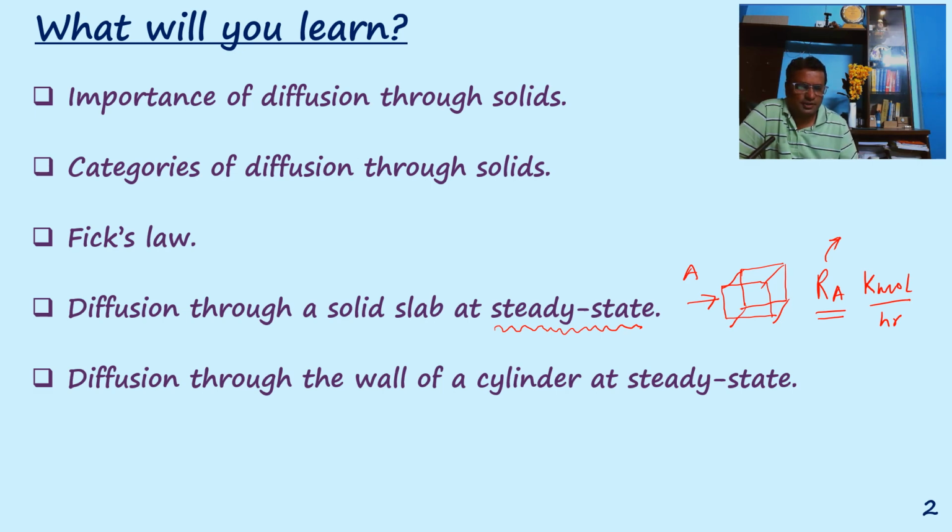So for example, if you have a rubber pipe, or let us say if you have a pipe made up of some polymer, let me draw it once again so that you'll understand it. So let us say that you have this pipe. There will be an outer diameter for the pipe and an inner diameter for the pipe, and there will be some length for the pipe.